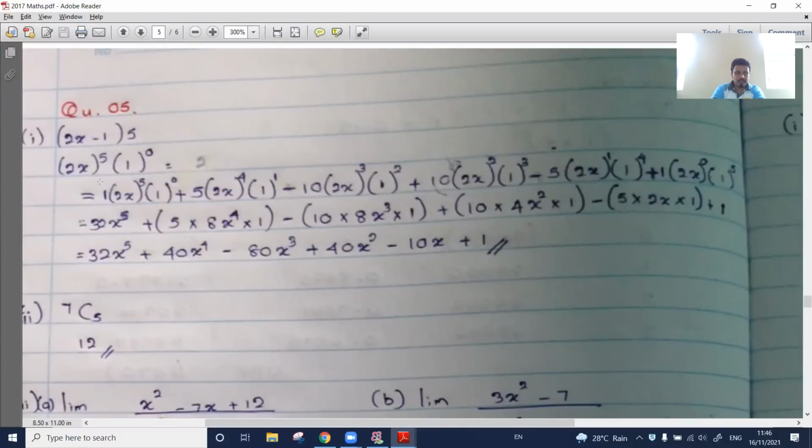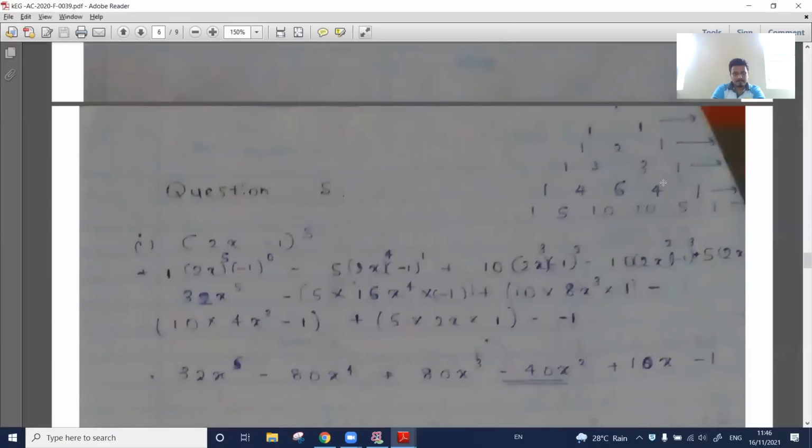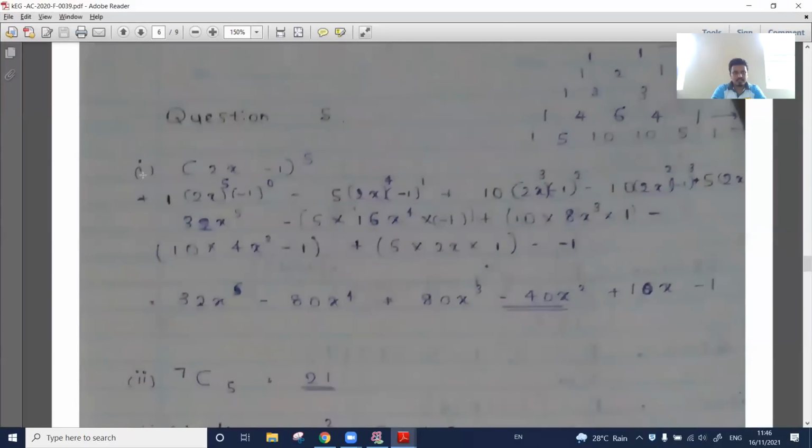Here the first term starts with plus. Plus, then it should be minus here. Again it should be plus here. Again it should be minus, plus and minus. This is correct, right?